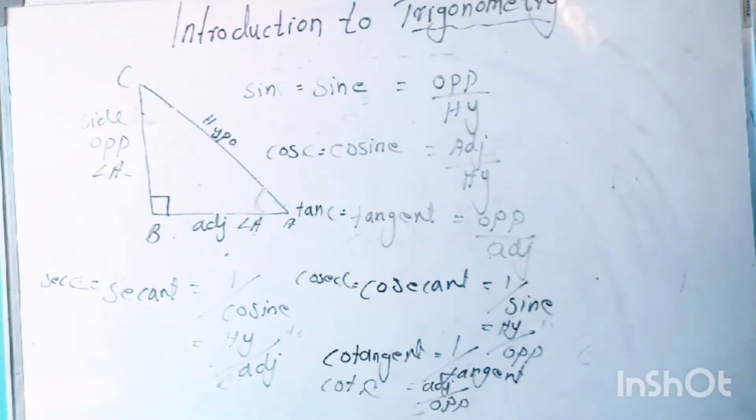So we can take the trigonometric ratios either with respect to C or with respect to A.